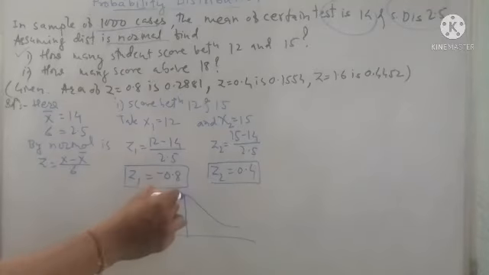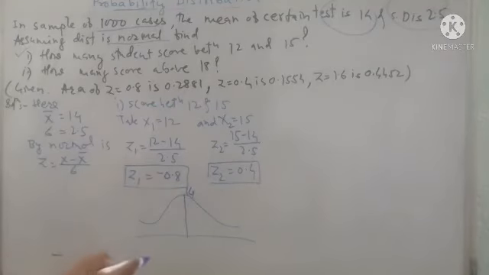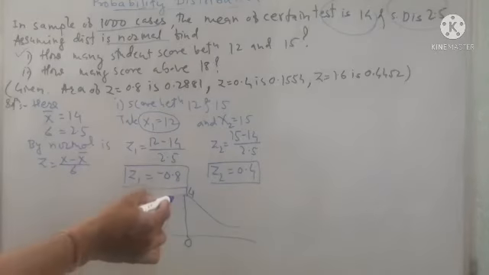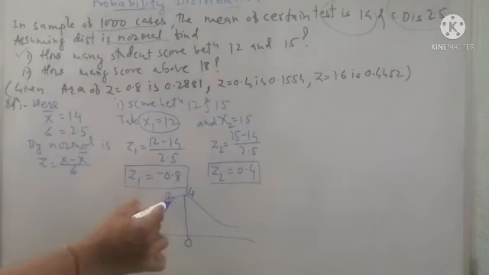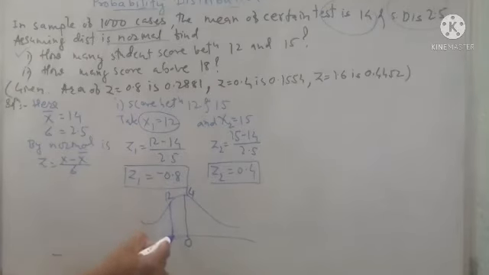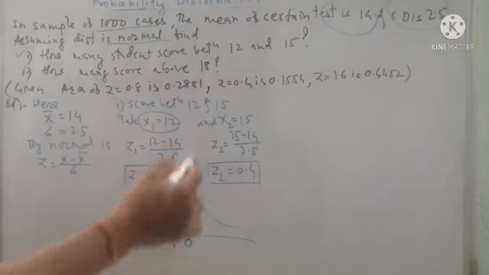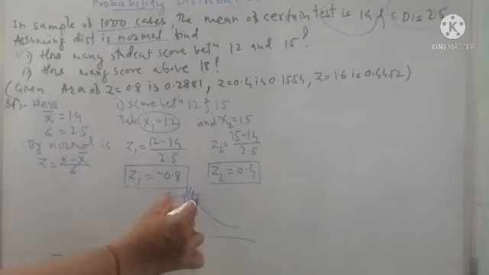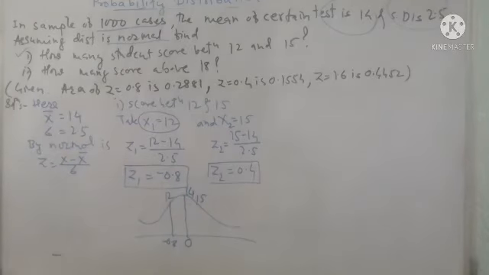The point on the curve is the average, which is 14, and the point on the axis is 0. Since the first random variable is 12, which is less than 14, we take 12 on the left hand side of 14 on the curve. Corresponding to 12 we get the normal variable z as minus 0.8, and 15 is the second variable. I take 15 on the right hand side of 14, and corresponding to 15 we evaluate the normal variable z as 0.4.